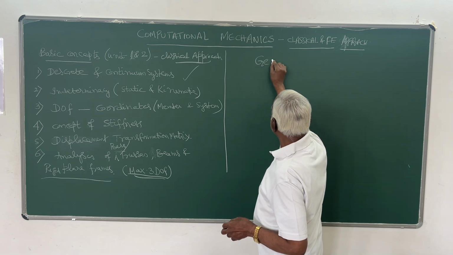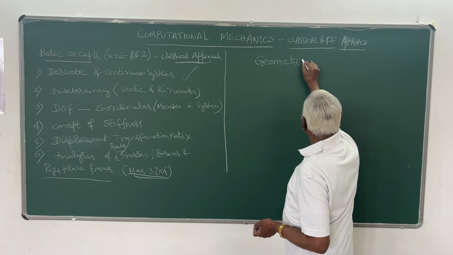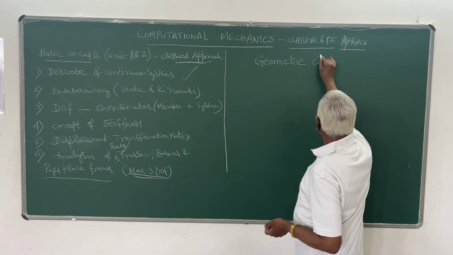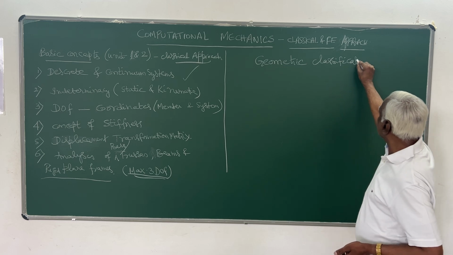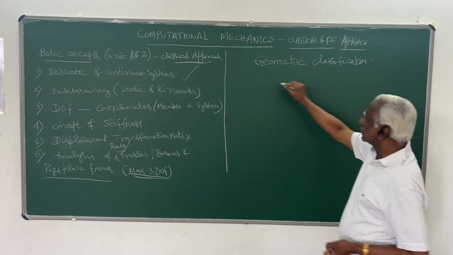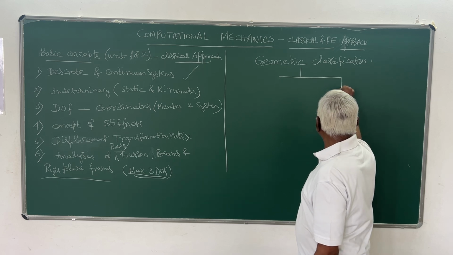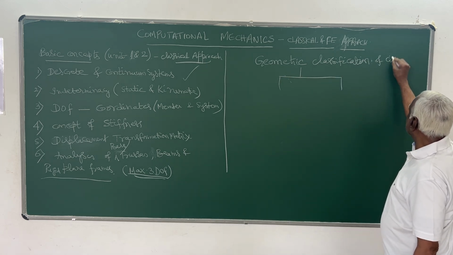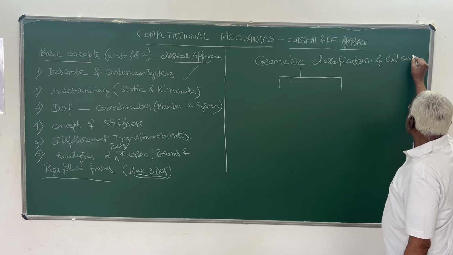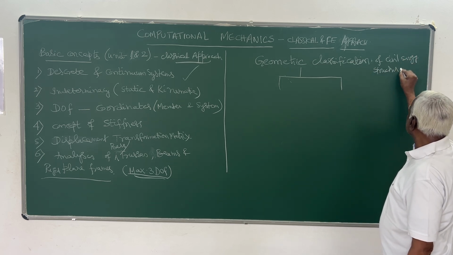So first, according to all our civil engineering structures, geometrically we can classify them into two types. One is discrete structure, geometrical classification of civil engineering structural systems.